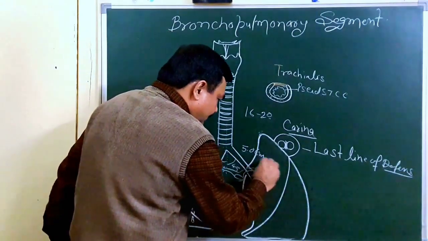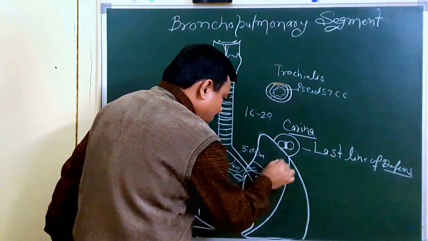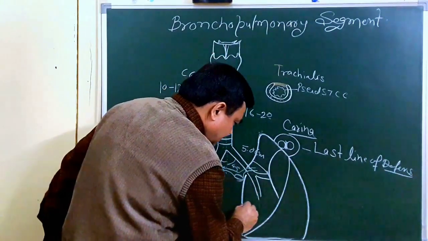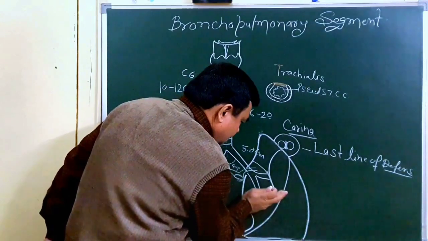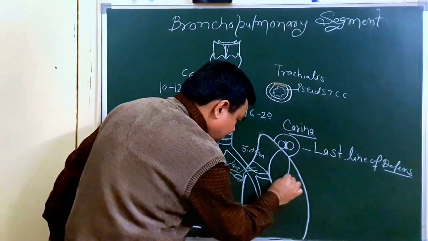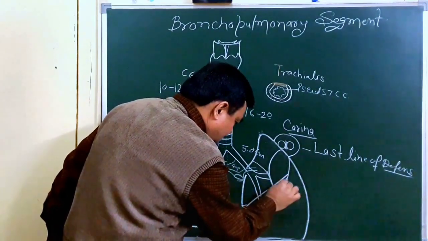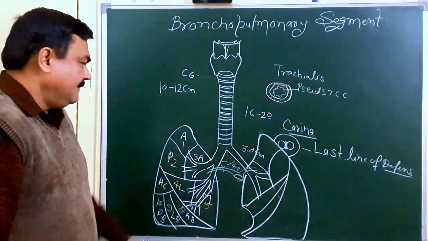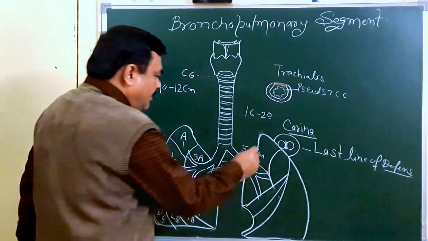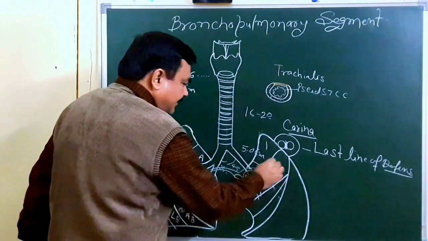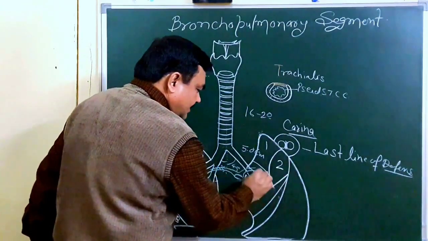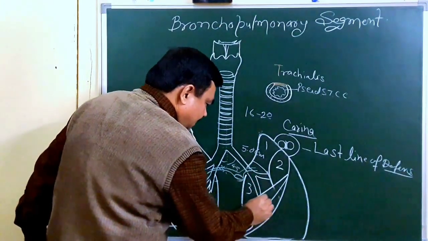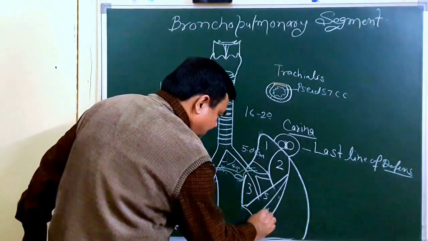The upper lobe has five bronchopulmonary segments. This is number 1, apical. Here is posterior. Here is anterior. Here is superior. This is inferior.